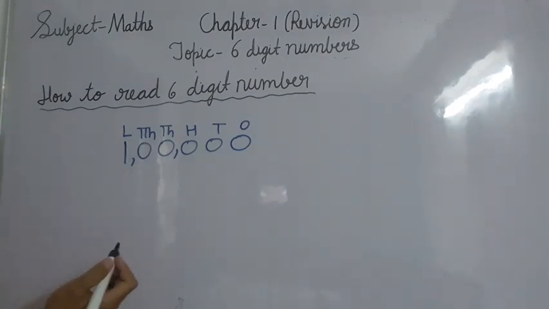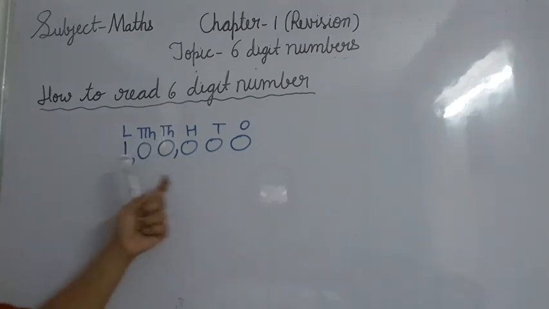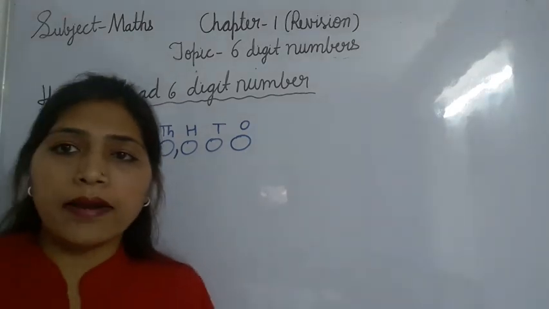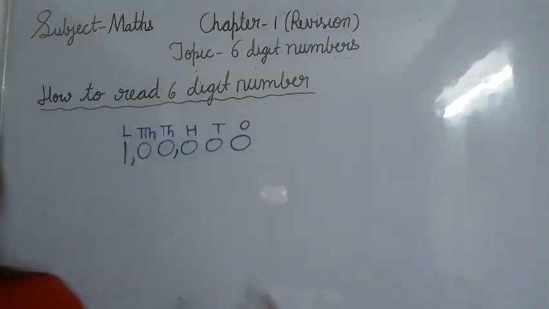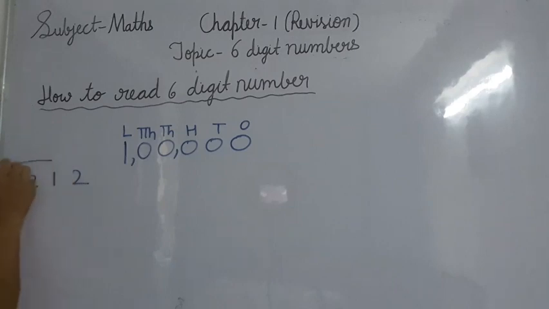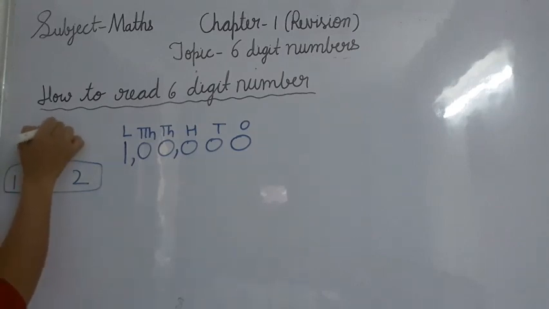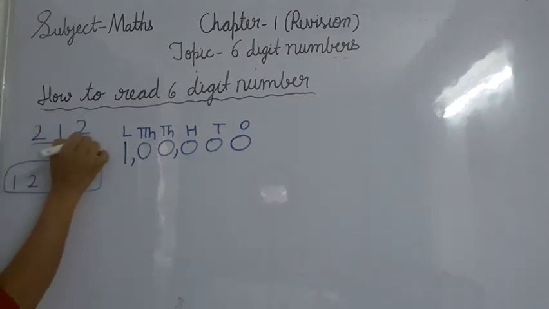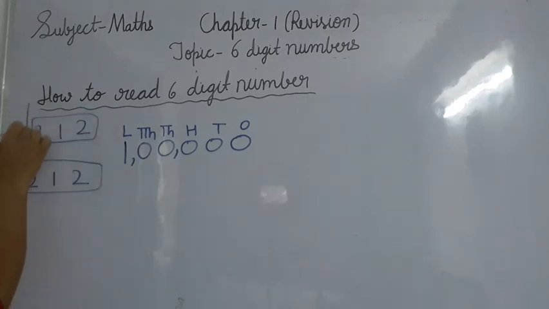So how will we read it? Like for the 5 digit number, I told you one pattern, 2 1 2. And here our pattern is 1 2 1 2. To read the 6 digit number, just learn this pattern 1 2 1 2. For the 5 digit number we learned 2 1 2, and this is the 6 digit number, so I am adding 1 here also: 1 2 1 2.